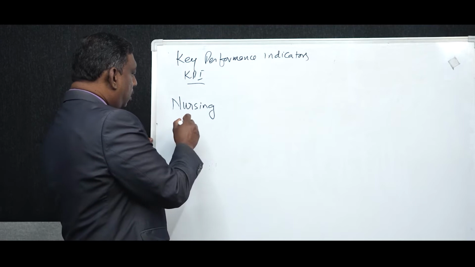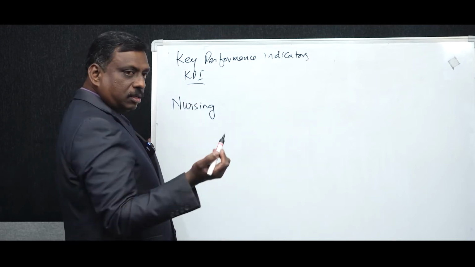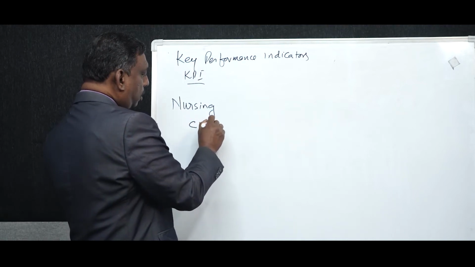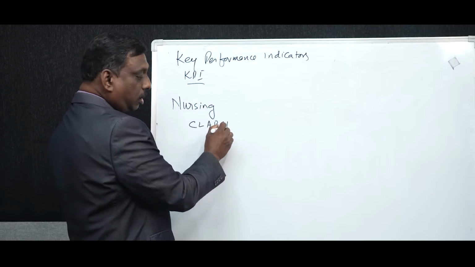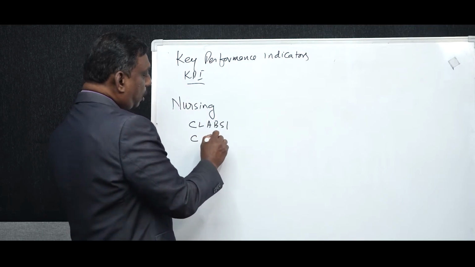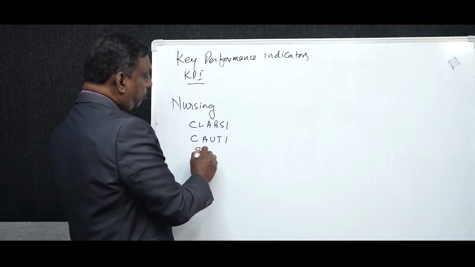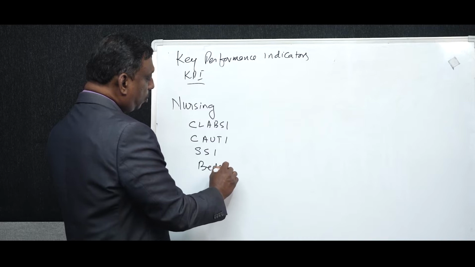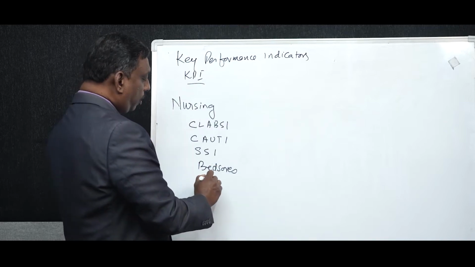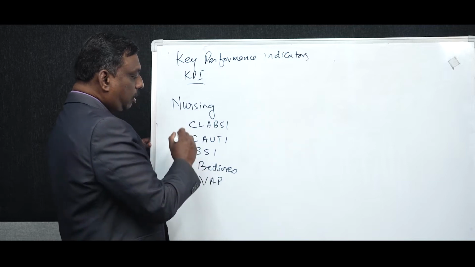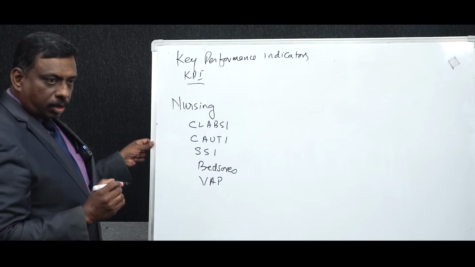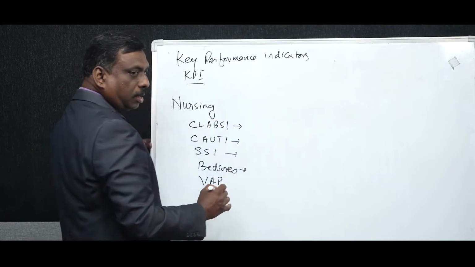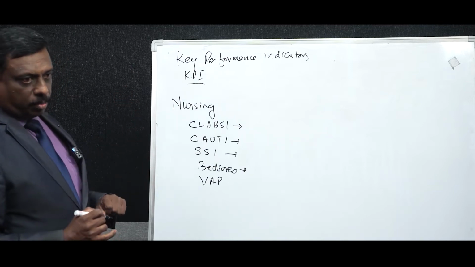For example, the number of infections in a nursing area, like central line associated bloodstream infection, catheter associated urinary tract infection, surgical site infection, then bed sores, ventilator associated pneumonia. These are some of the nursing quality indicators. So we calculate the number of these events in the hospital, and that will indicate the performance of the department.